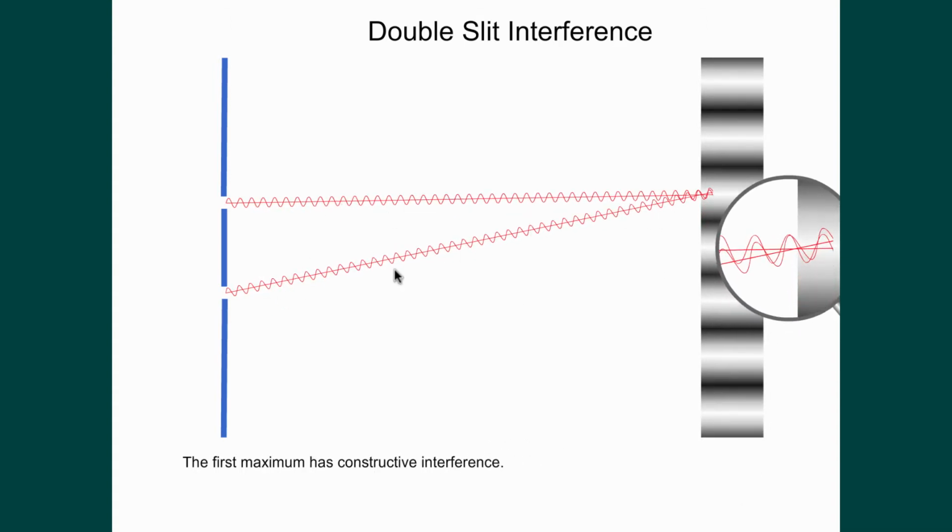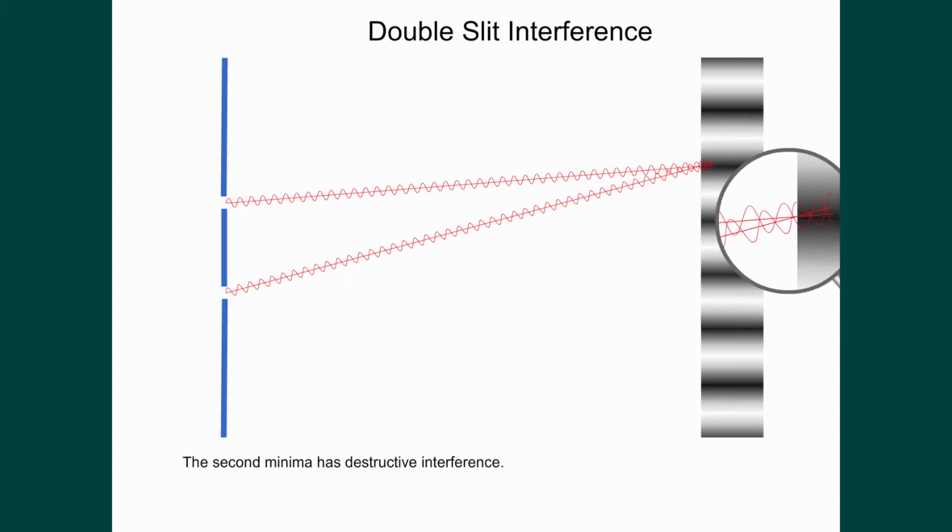As we move further up, again, the bottom ray happens to be longer. There's more wavelengths packed in. But in this case, the crests and troughs are both lining up again from the top ray and the bottom ray, and we get constructive interference. Moving up to the next minima, again, the bottom ray is longer, and in this case, it happens to be a length such that it is now out of phase.